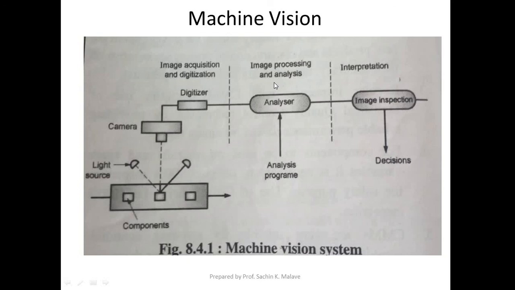Suppose you are measuring a dimension of a particular shaft. The master dimensions are already fed into the computer. The dimensions of the master component are compared with the actual component, and the computer will try to find out the discrepancies in that particular dimension, and whatever discrepancies are there will be calculated by the system.